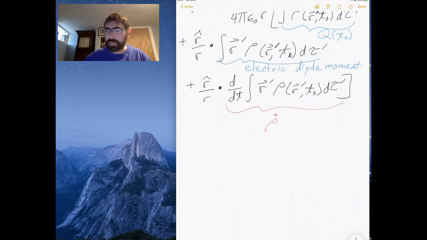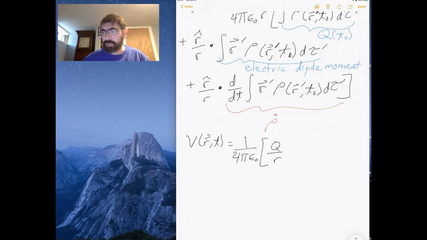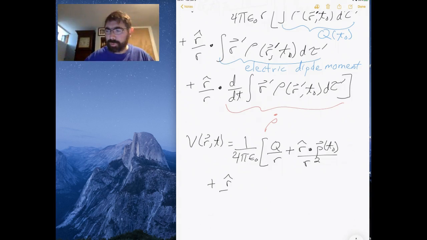So our electric potential would now become 1 over 4 pi epsilon naught, q over r plus r hat dotted into the dipole moment at a moment in time t0 divided by r squared plus r hat over rc dotted into the derivative of the dipole moment evaluated at some time t0.